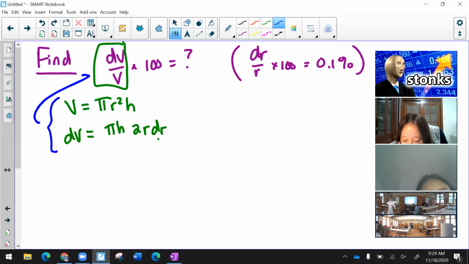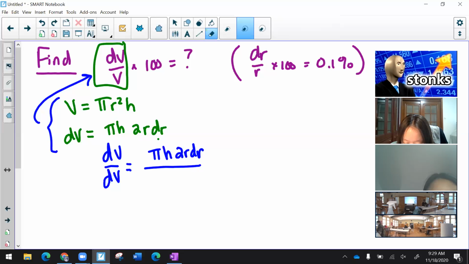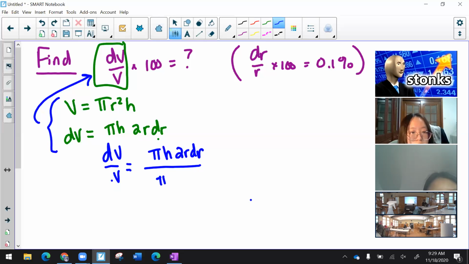And now I'm going to take this information and substitute back into dV over V. So dV over V, dV is pi h 2r dr. V is pi r squared h. My pi h's cancel.